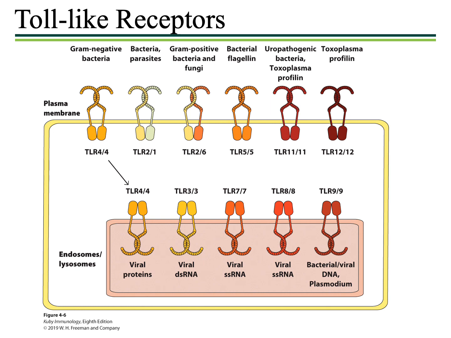And what you see is that they do in fact interact with lots of different types of pathogens. The first one, the toll-like receptor 4, recognizes gram-negative bacteria. The next one recognizes bacteria and parasites. The next one recognizes gram-positive bacteria and fungi. And the list goes on. So you can see that there's quite a bit of diversity in what is being recognized by individual toll-like receptors.